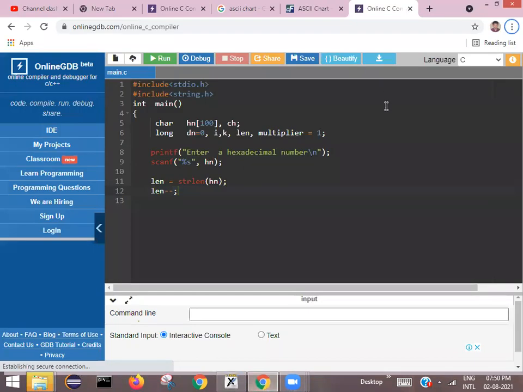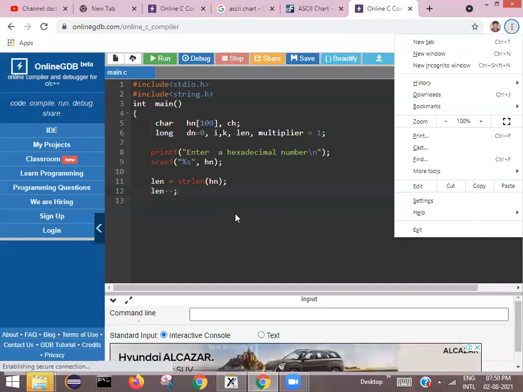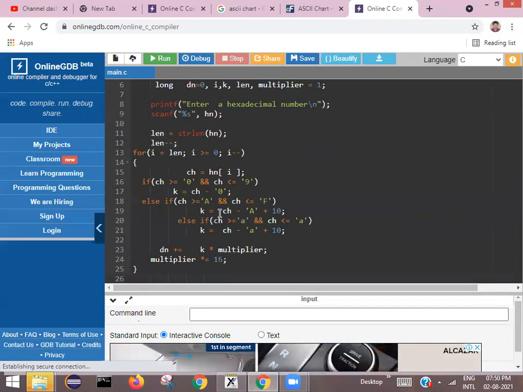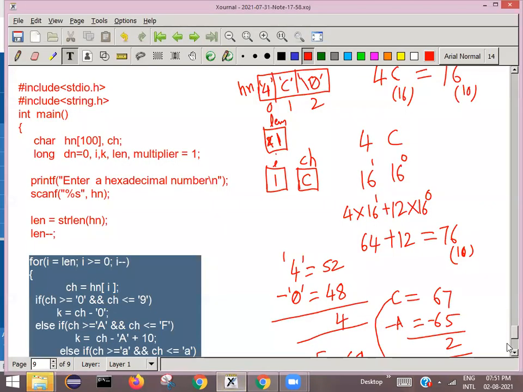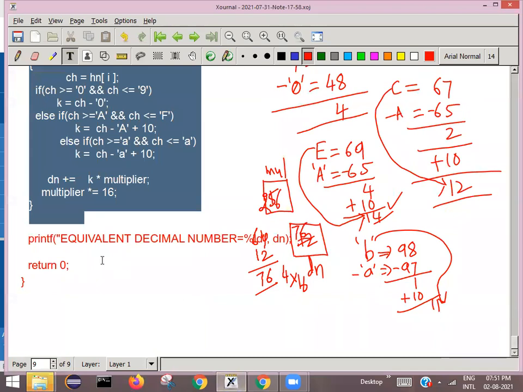Just copy this here before our. Okay, so we have to format the bottom.